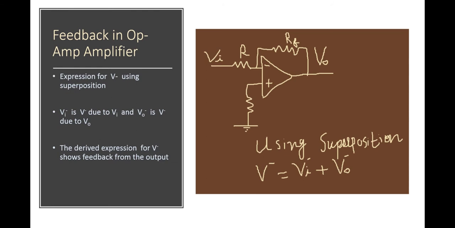So our strategy would be using superposition principle. So now we can consider V minus as sum of two voltages. One is Vi minus, which is V minus due to the input voltage Vi, and the second term will be V naught minus, which is V minus due to the output V naught, and this second term represents the feedback.